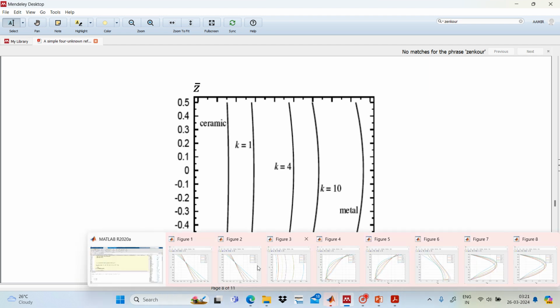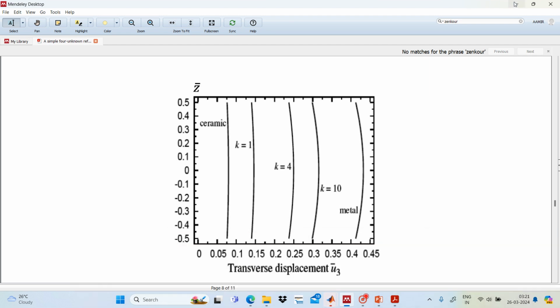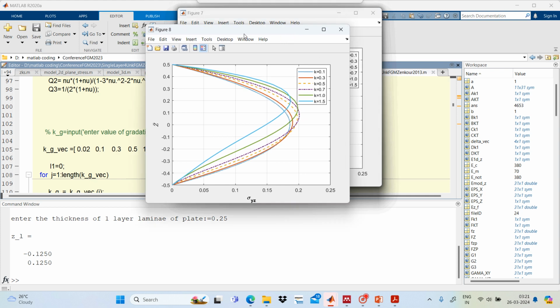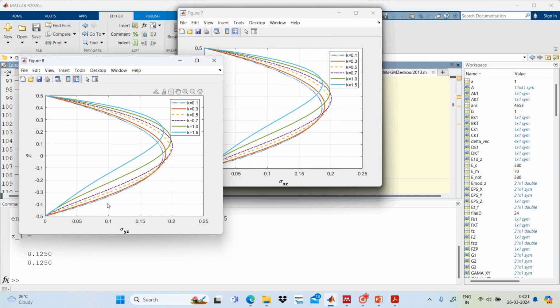Now we will see that we got the results now. Let's see, it is the sigma yz, so that's the shear stress yz, and how it is varying we will see. K equals to 0.1 means it's almost, we can say it's a ceramic.